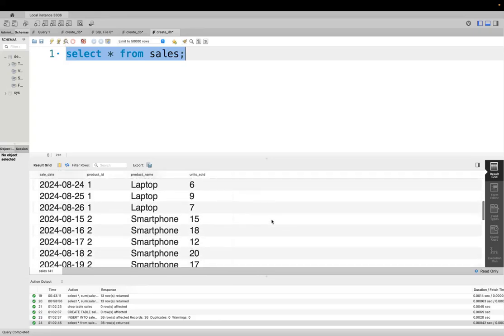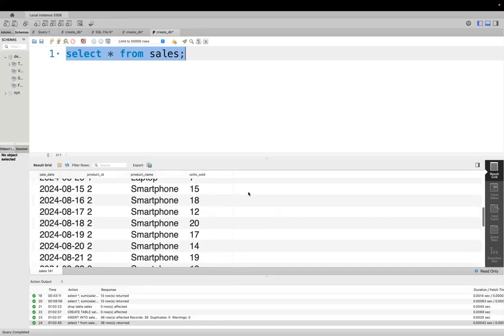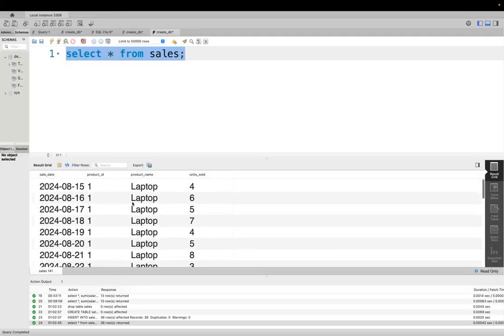And then again, when I start for smartphone, I sold 15 quantities on 15th. By 16th, for smartphones I have sold totally 33 quantities. By 17th I have sold totally 45 quantities of a smartphone, like that. That means we have to partition by product ID, and we have to order by sale date, and then do a sum of units sold.